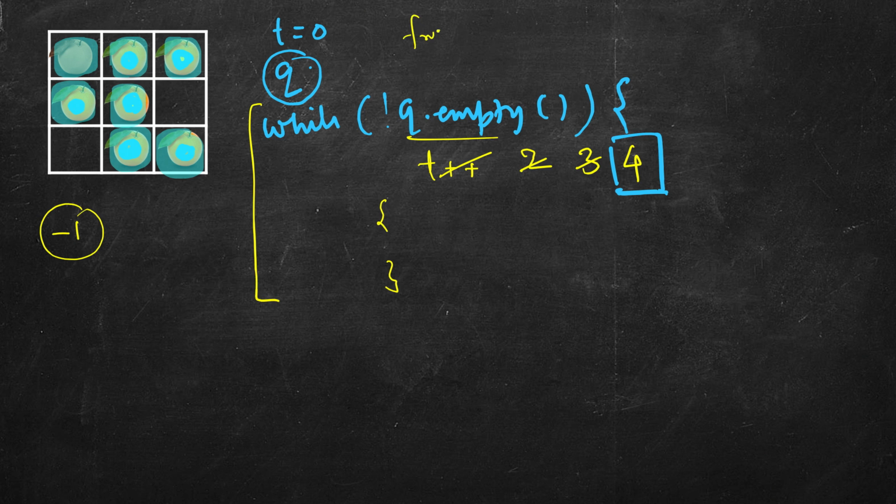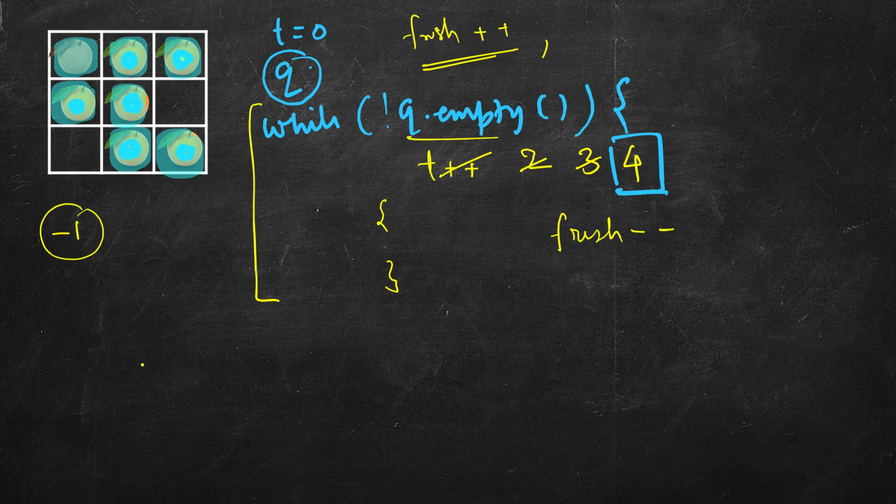If it's fresh, we keep track of its count, and then we keep track of how many oranges we contaminated, so that we will keep decrementing the fresh count. So whenever we are contaminating an orange, we decrement the count of fresh.